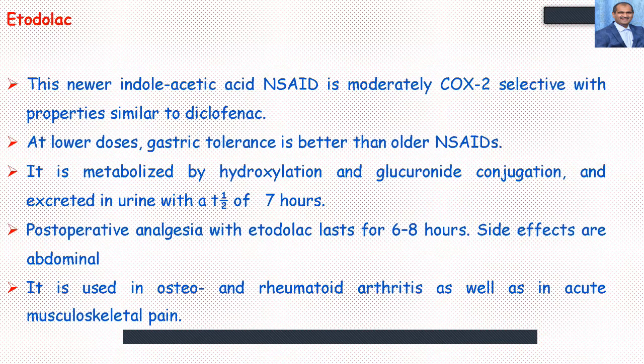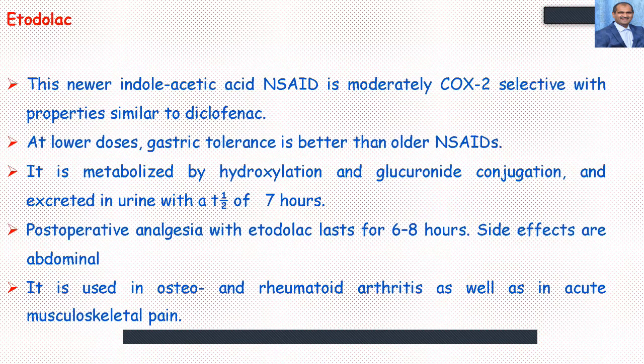See, whenever we are using etodolac after surgery, we need not dose it repeatedly, once in 12 hours is enough. The side effects are very common to those of other NSAIDs: abdominal pain, vomiting, gastric ulceration, and many more. Of course, it is used in osteo and rheumatoid arthritis as well as in acute musculoskeletal pain.